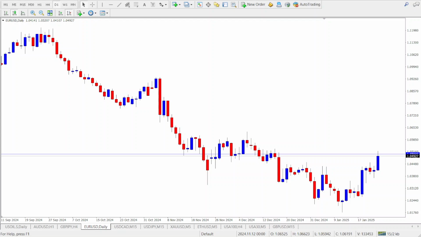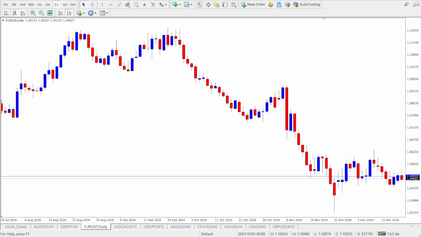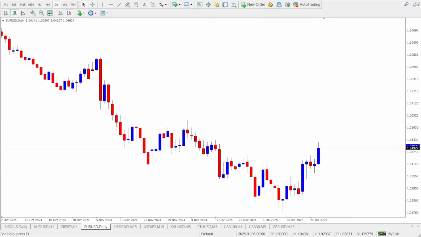A forex institutional candle typically has a long body, showing a strong price movement in one direction, and may also have larger than usual wicks. These candles are significant because they often mark the beginning of a new trend, a strong reversal or even a point of consolidation. The key takeaway here is that institutional candles can show where the big money is flowing. And as retail traders, we want to pay close attention to these moves to align our trades with the smart money.